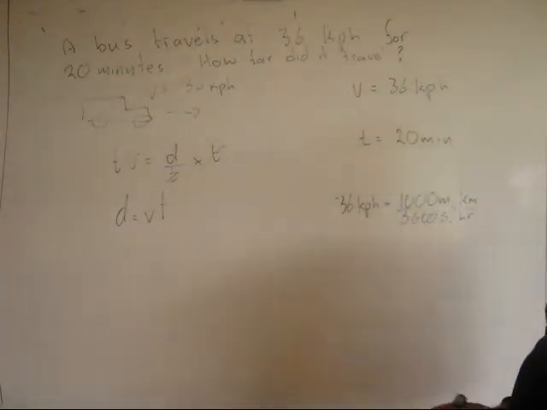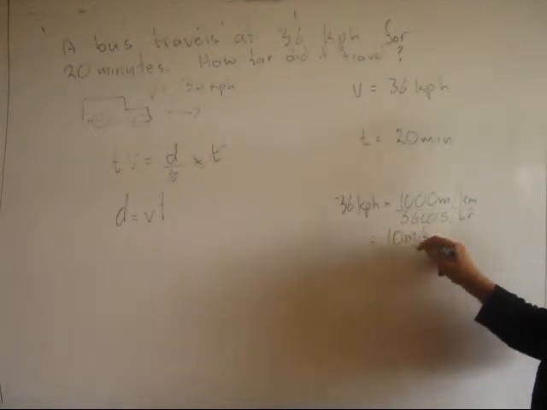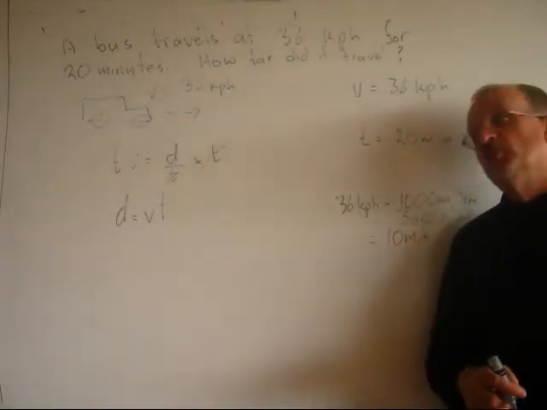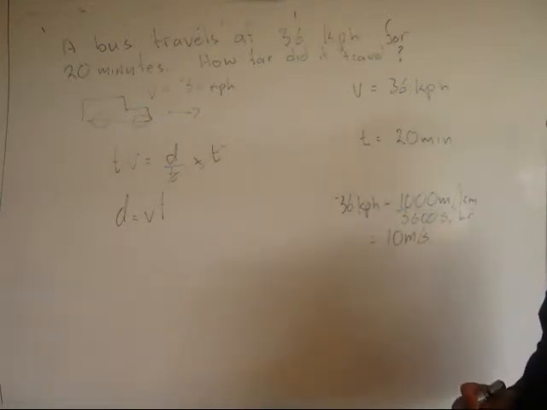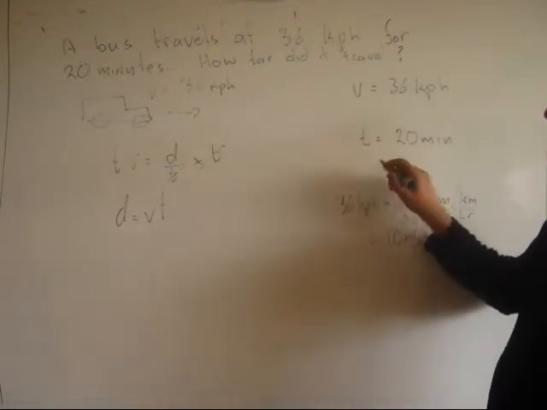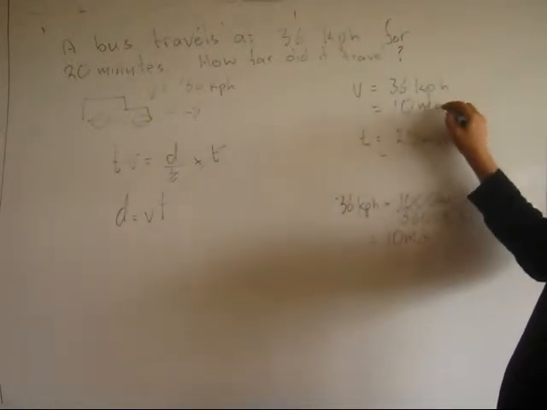So basically we're dividing that, and that's going to equal 10 metres per second. You should probably guess that's not coincidental.